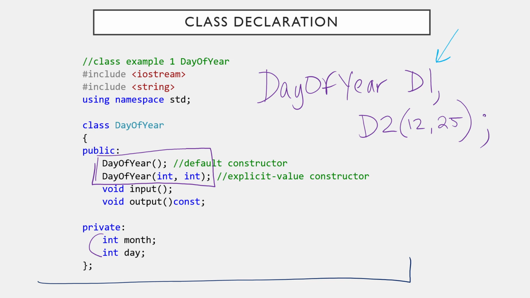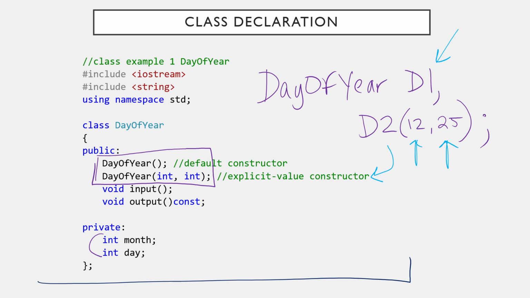I'm not sure that month and day are in the right order, but obviously comments would need to be here to explain the order. I'm assuming it would be month followed by day. And this one would call the explicit value constructor because I passed it two things.